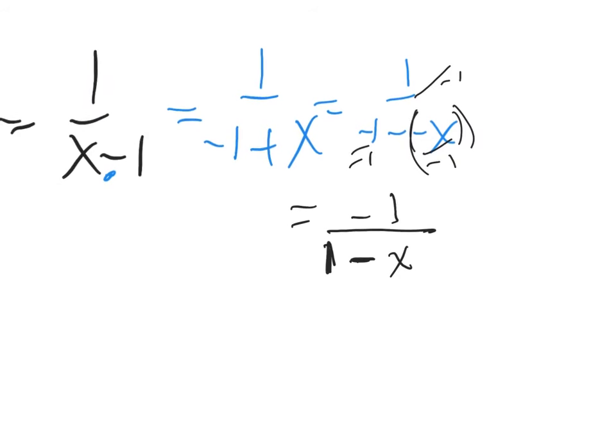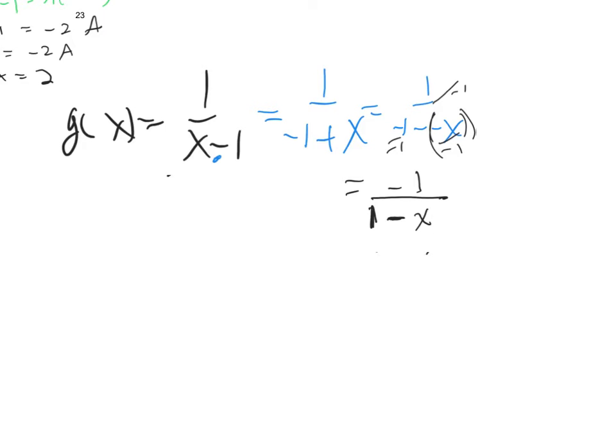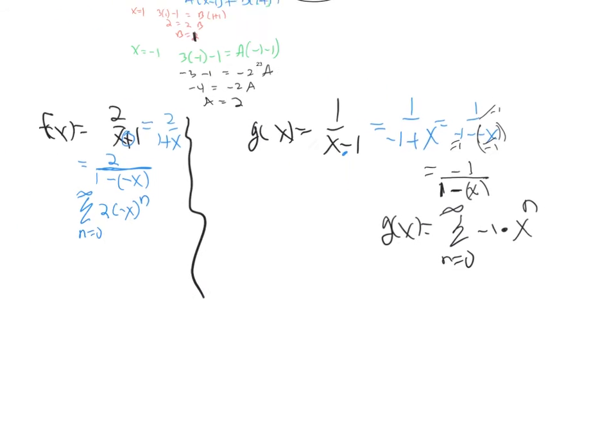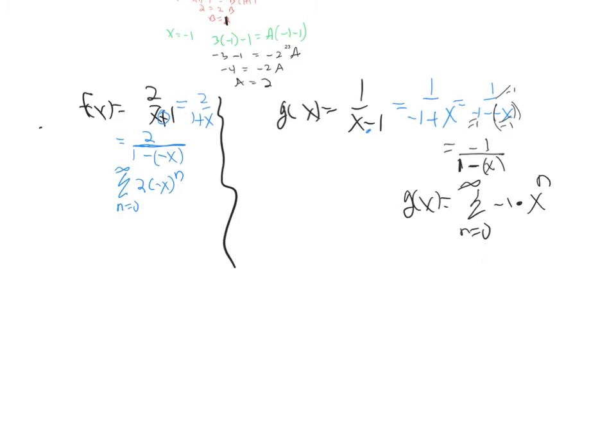So in this case, this g of x is really the summation as n goes from 0 to infinity of my first term, which is a negative 1, times my r, which is x to the n. All right, stare at that. Eat your heart out.